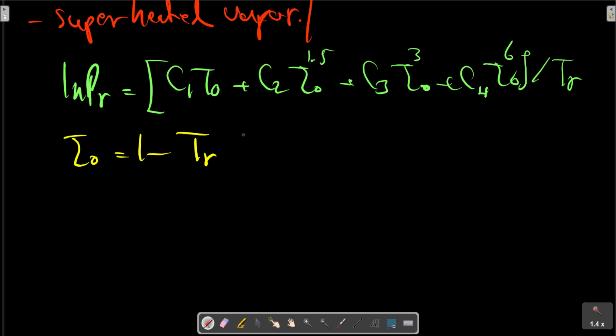Once the set of constants has been determined for the given data, the saturation pressure at any temperature can be calculated from this equation.